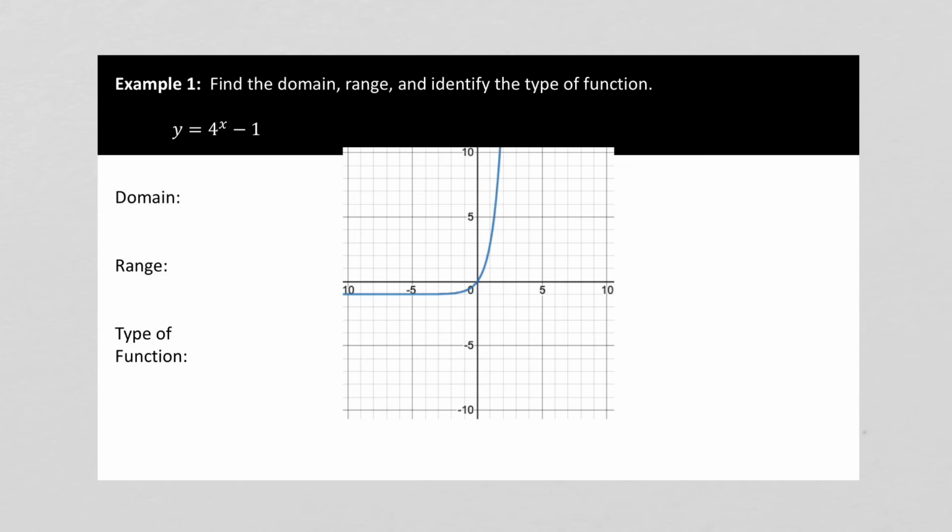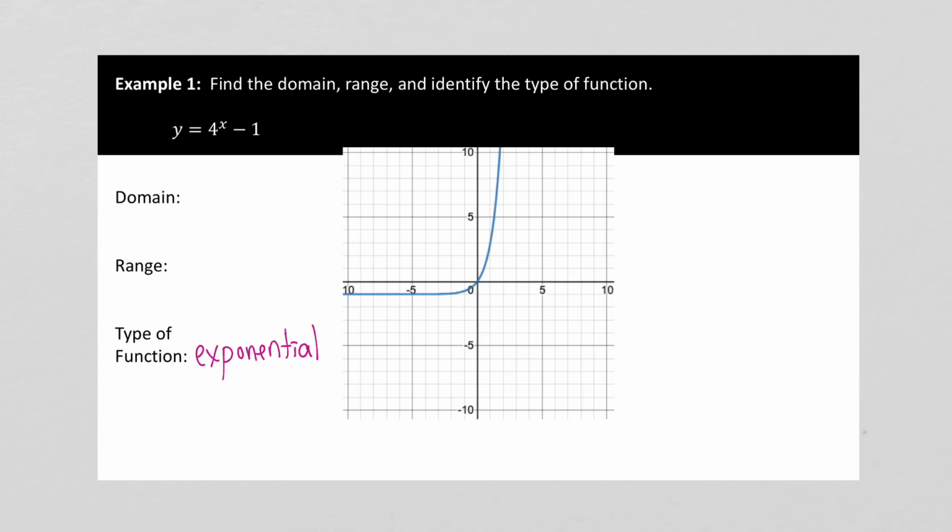Our next one here, this type of function, it says y equals 4 to the x minus 1. This is an exponential function because it has the variable as an exponent.